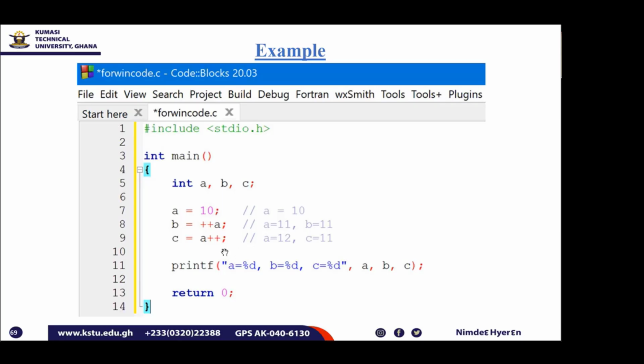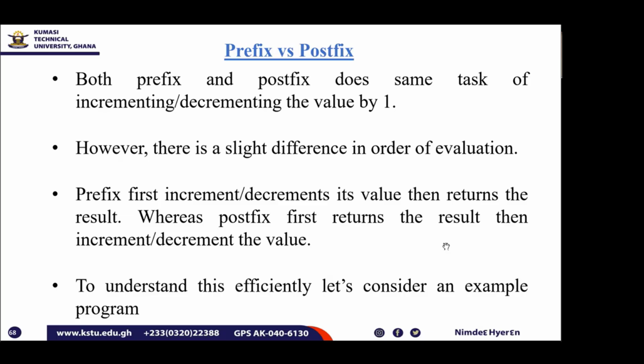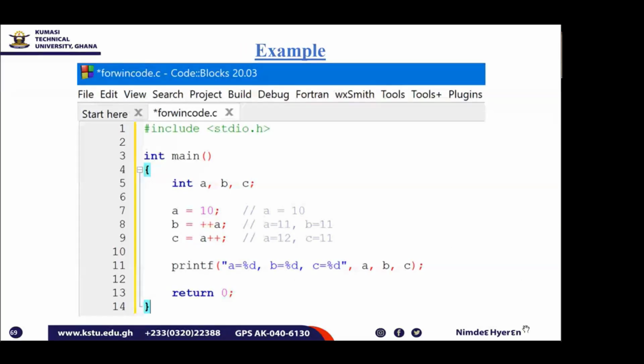What this means is that a is 12 and then c is 11. This just explains the statement here, which says that prefix increments or decrements its value then returns the result. However, postfix returns the result, then increments or decrements the value. So this is basically an example to illustrate the same.